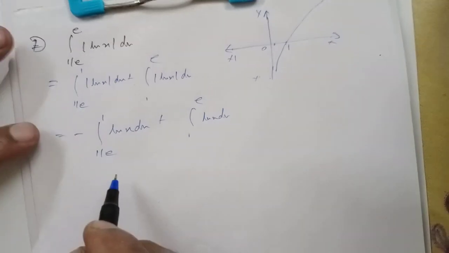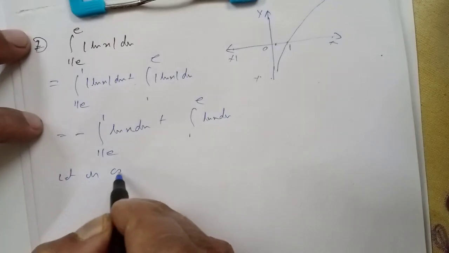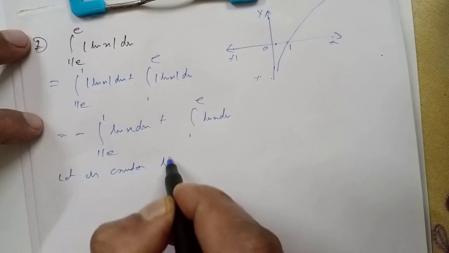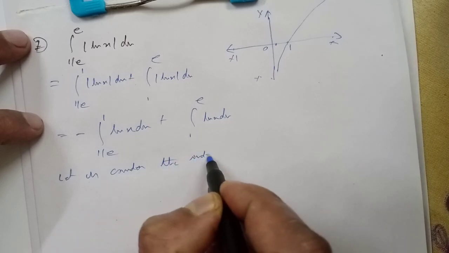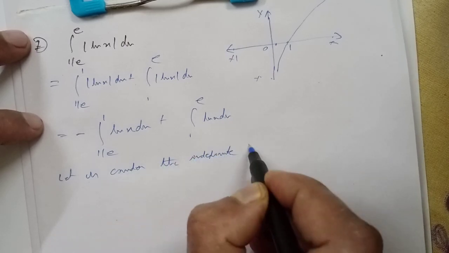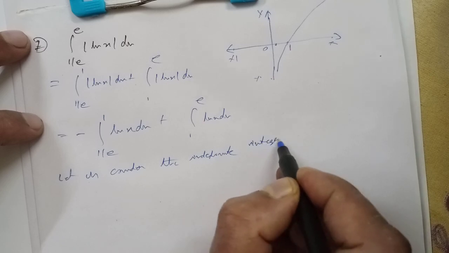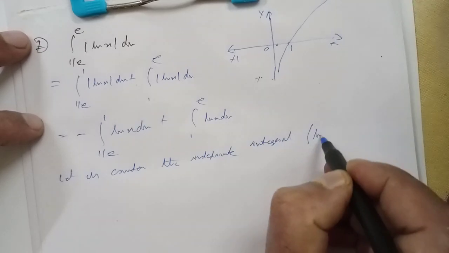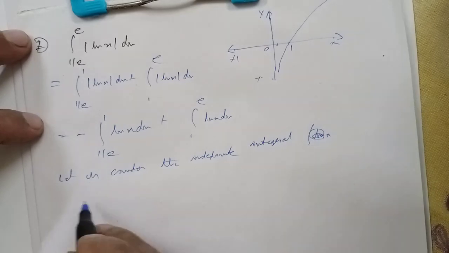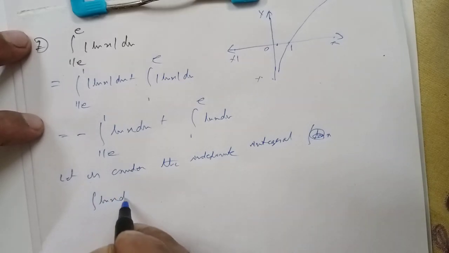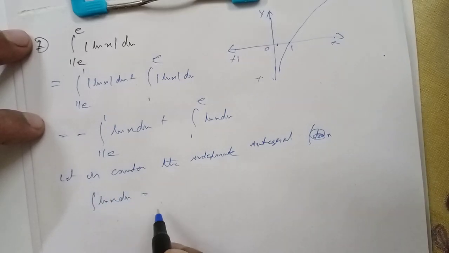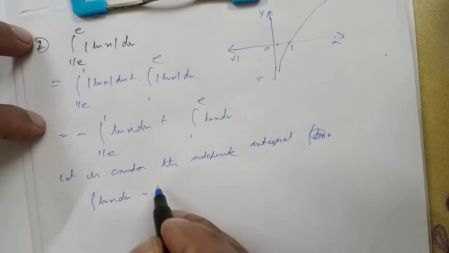This is an integration by parts, so let us consider the indefinite integral of ln x dx. So here 1 is our second function and ln x is our first function.